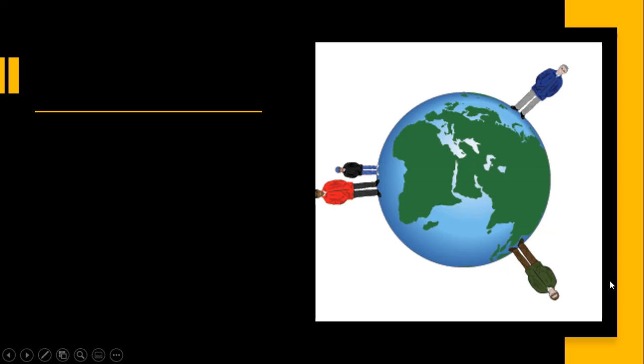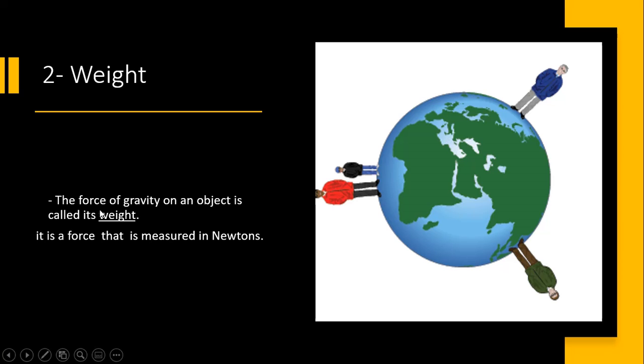Okay, now regarding weight. Weight is equal to the mass multiplied by the gravity, okay? So weight is a kind of force, and this is your weight, which is the action of gravity on your mass. This force is measured in newtons, okay? So now you can spot the difference between weight and gravity.